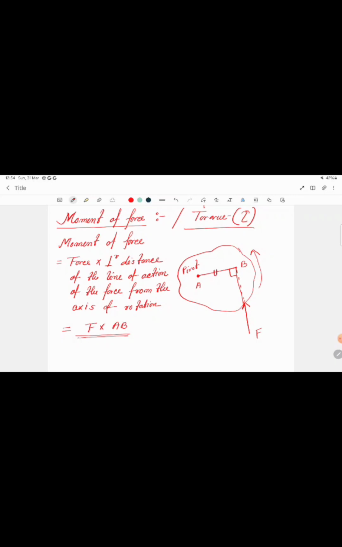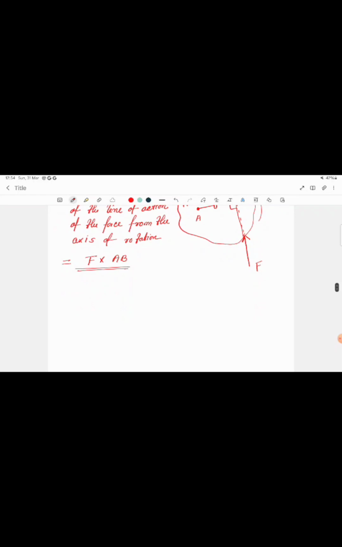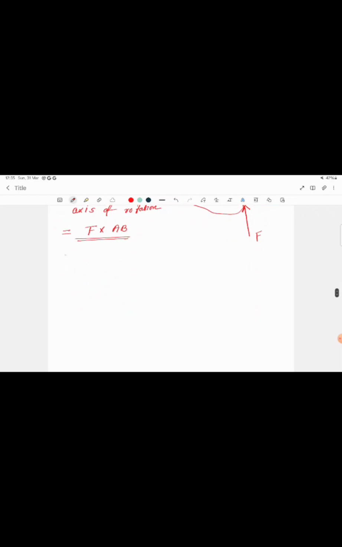After that, one question can come: what are the factors which can affect the turning effect of the body? The factors are very easy. The first one is the magnitude of force.